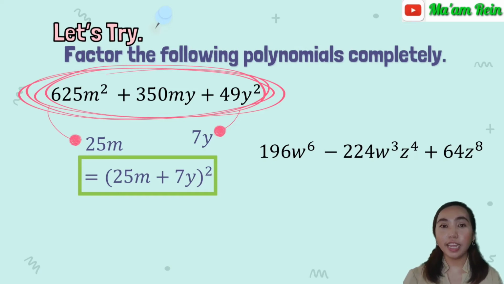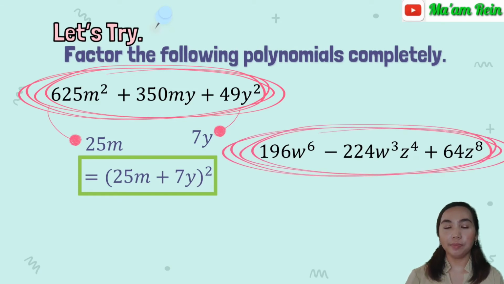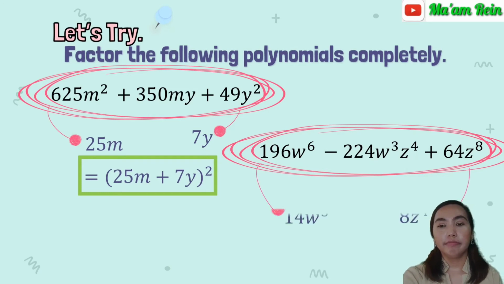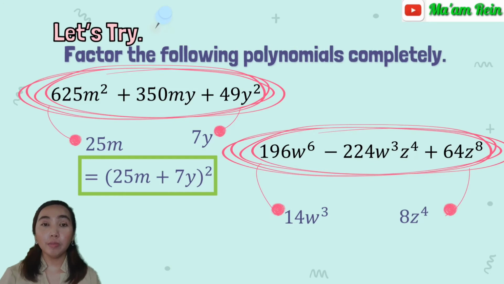We have 196w raised to 6 minus 224w cubed z raised to 4 plus 64z raised to 8. So, kunin natin yung square roots ng 196w raised to 6 and 64z raised to 8. So, that will be 14w cubed and 8z raised to 4.